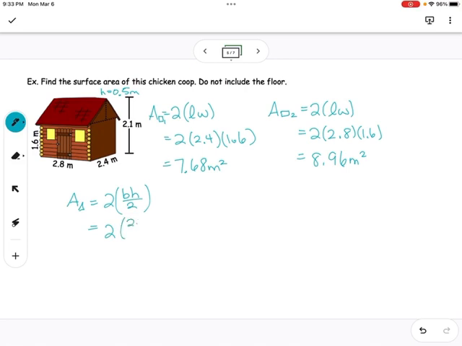So that's 2.4 times 0.5 divided by 2, and then times 2. Gives us 1.2 meters squared as the area of our triangles.